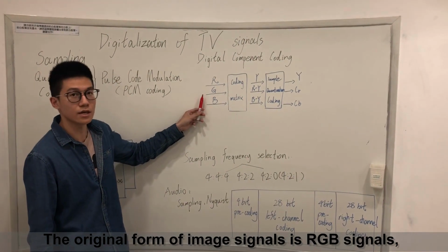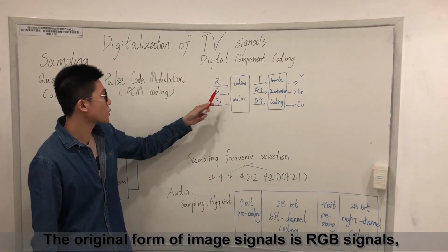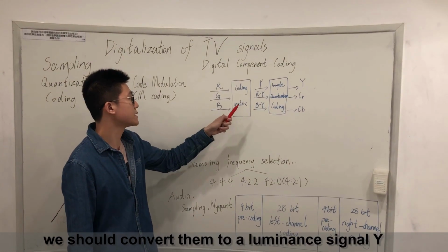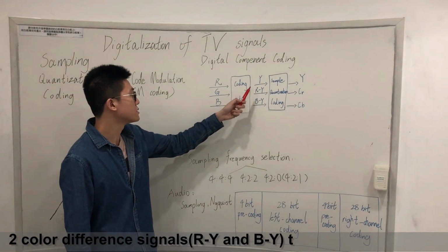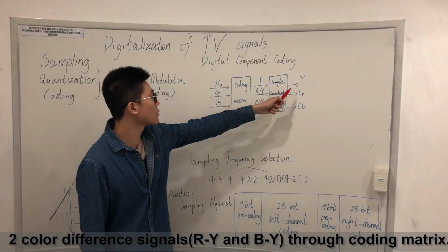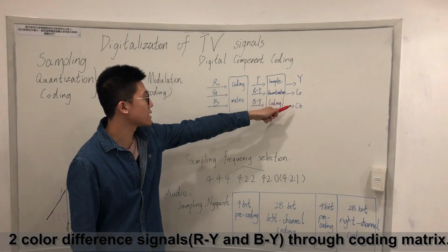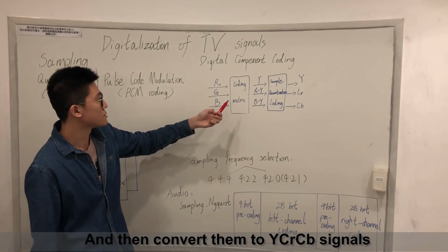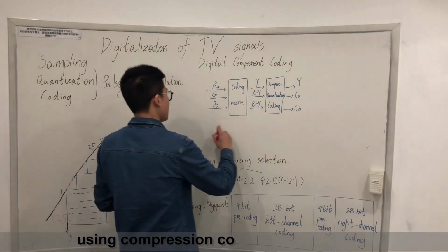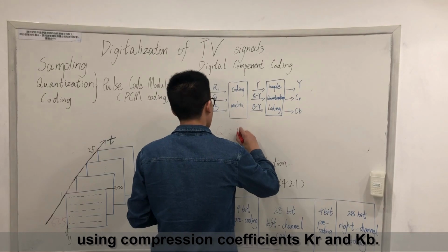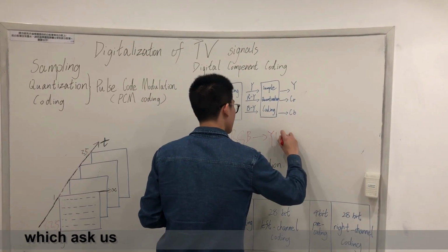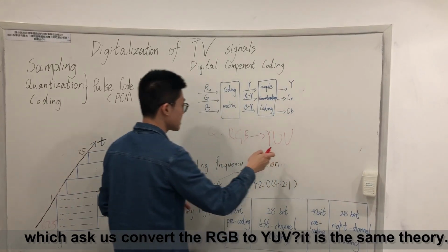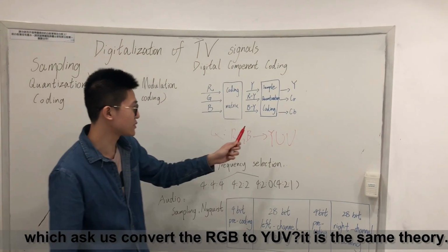The original form of image signals is RGB signals. We should convert them to a luminance signal Y and two color difference signals R-Y and B-Y through a coding matrix, and then convert them to YCrCb signals using compression coefficients KR and KB. Remember the midterm exam questions which ask us to convert RGB to YUV?